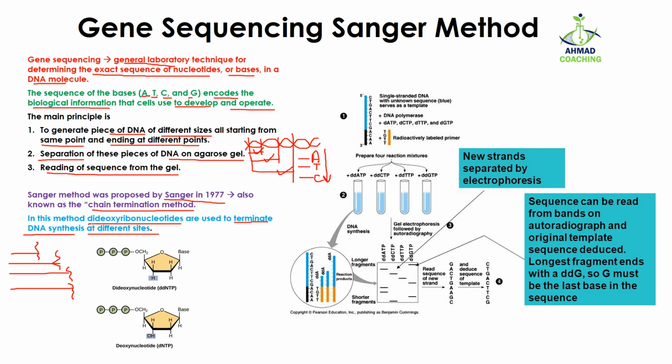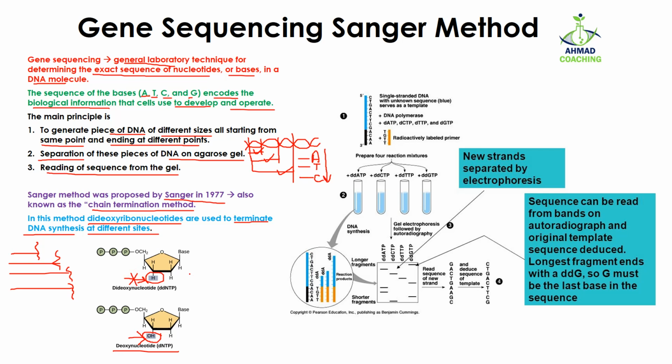Talking about the dideoxyribonucleotide, normally in DNA we have deoxynucleotide, in which here we have an OH group, and this OH group is going to help in the binding of the upcoming nucleotide. It means that the next nucleotide is going to bind here. But when you use dideoxyribonucleotide, at this position we have H, and because of the presence of H, no new nucleotide can be added at this position.